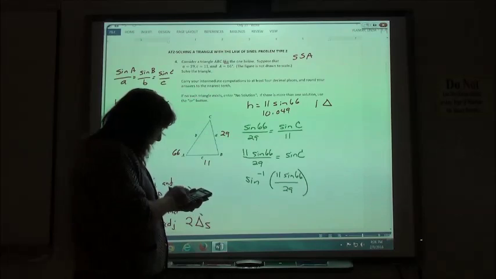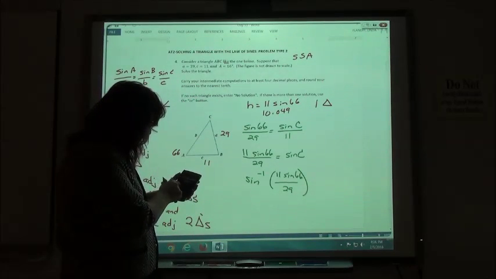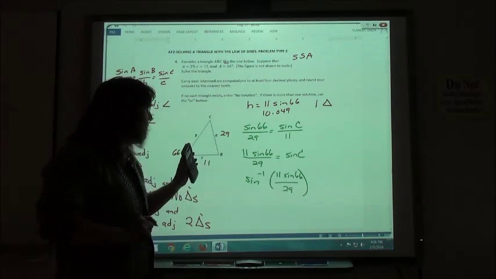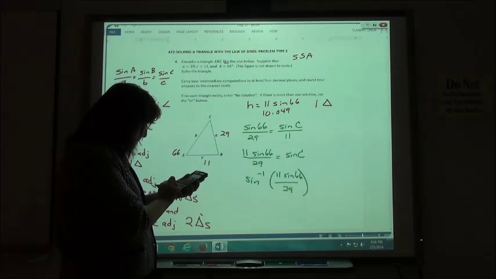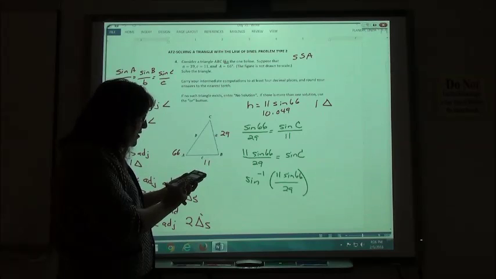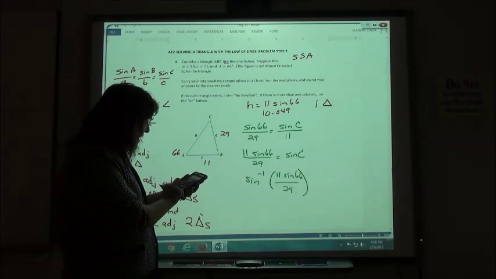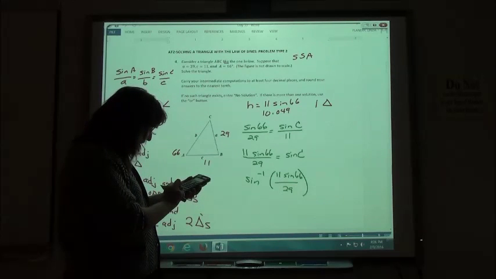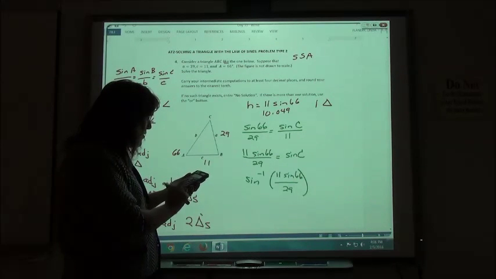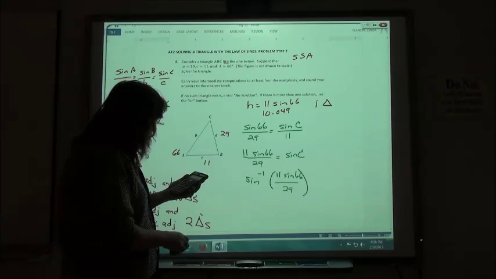So, inverse sine, you're going to use shift sine. You should see sine to the -1. In parentheses, I'm going to do 11 sine of 66. And you can just use divided instead of the fraction, or you can use the fraction. I'm going to use divided. So 11 sine of 66 divided by 29, close my parentheses, hit equals.